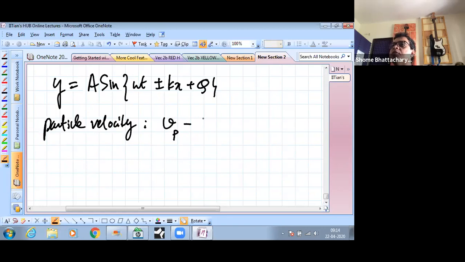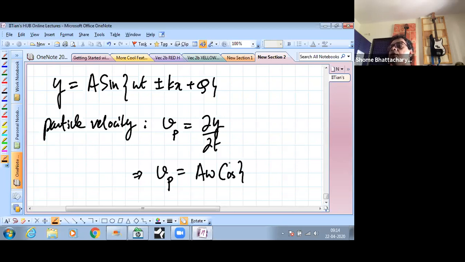And as you can see, this becomes the rate of change of y with respect to time. Now, because y is the displacement of the particle, its rate of change with respect to time becomes the velocity of the particles. But here it's a function of x and t, so we have to use a partial derivative, del y by del t. So the particle velocity is now given by A omega cos of the same function, omega t plus minus kx.